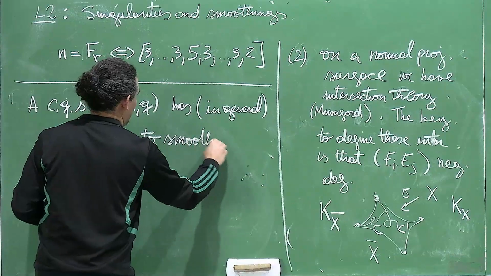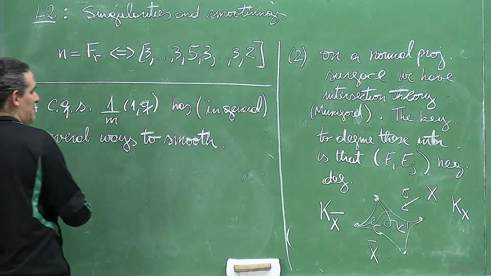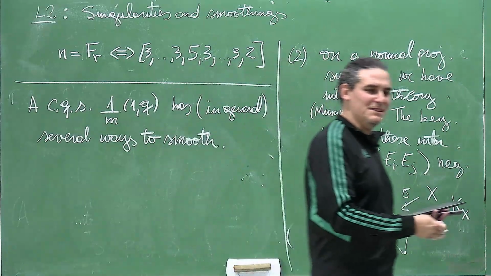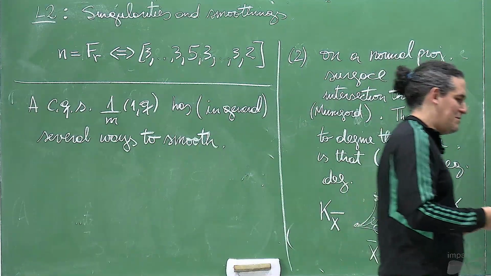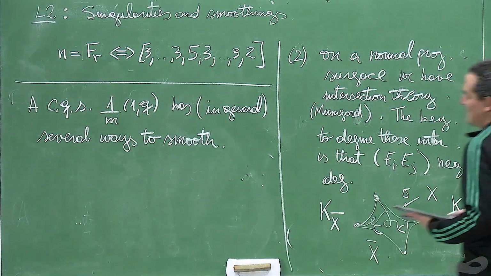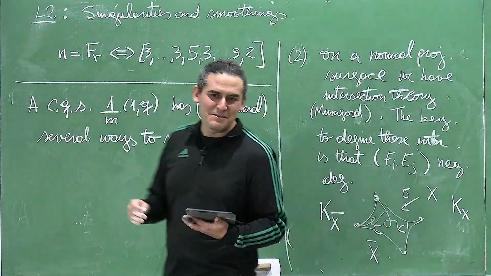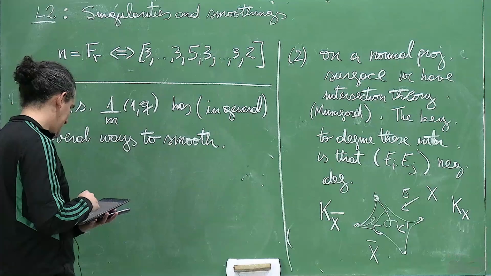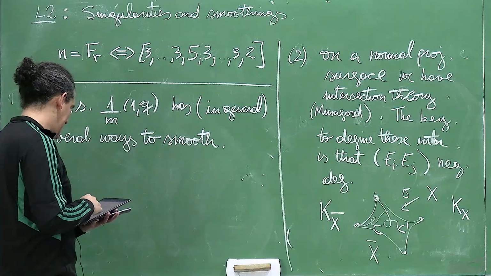And this is particular of dimension 2. If you go to dimension bigger or equal than 3, they are rigid. So it's completely different. It's not only that you don't have several ways, but you don't have any way. But for dimension 2, you have a lot of ways, and my goal now is to explain how.